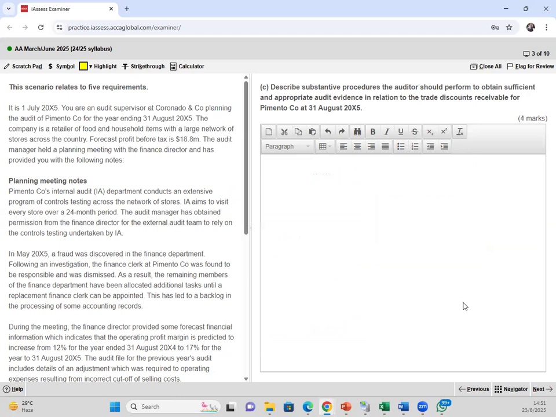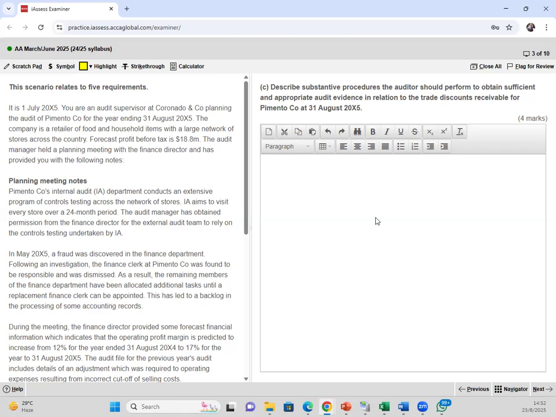Describe the substantive procedures the auditor should perform to obtain sufficient and appropriate audit evidence in relation to trade discounts receivable for P company. So these are substantive procedures.